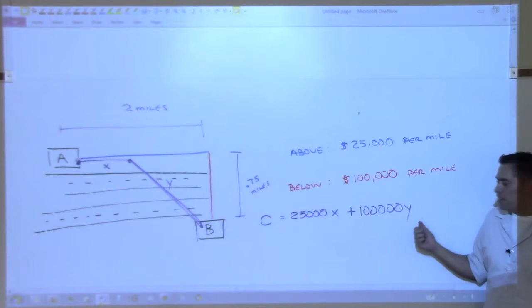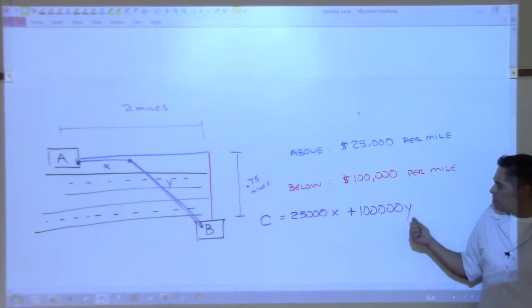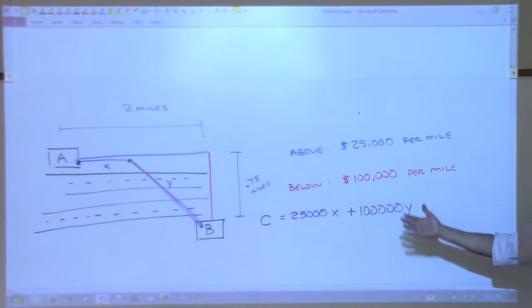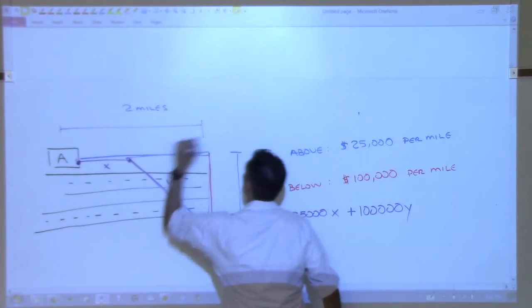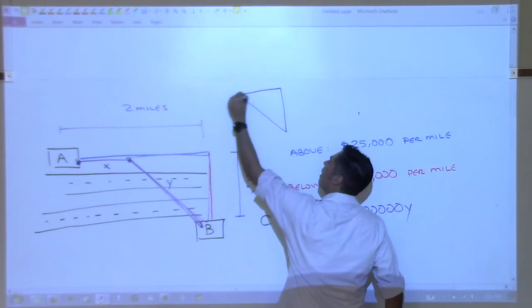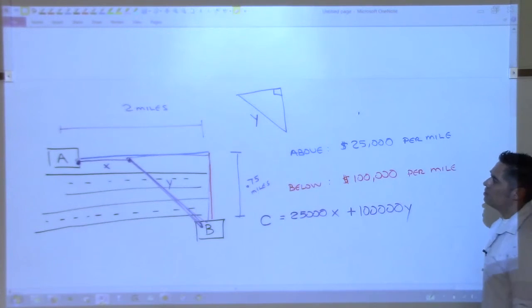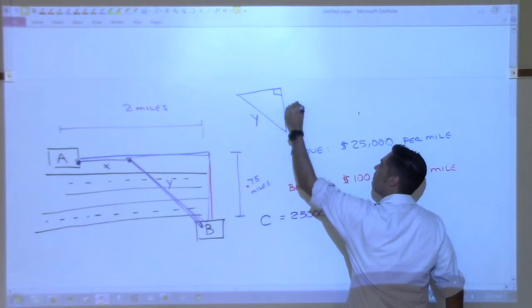We need to see if we can eliminate one of these variables. So what I'm going to do is try and get rid of the Y. And do you see the geometry in here? Right there, we have a right triangle. This is Y, isn't it? Do you know this side? 0.75.